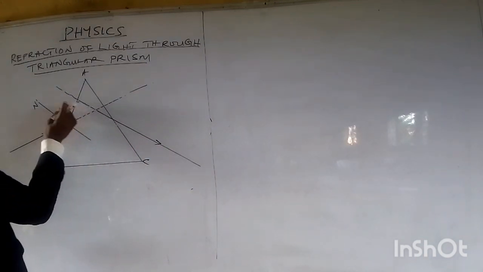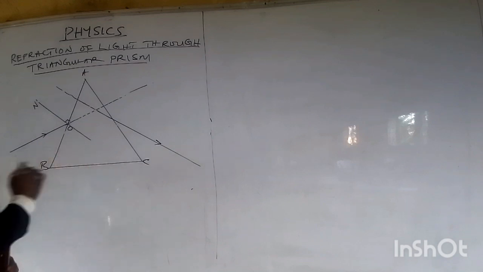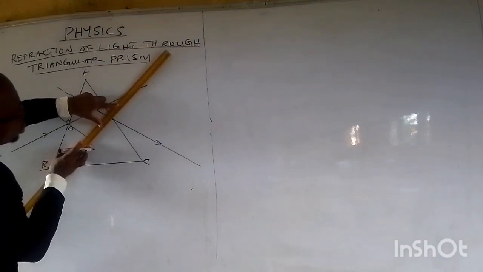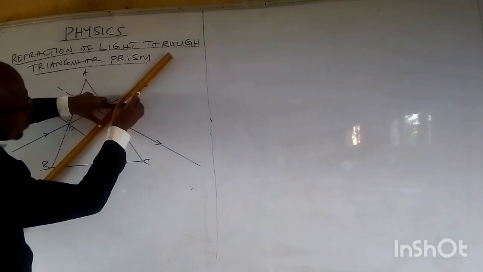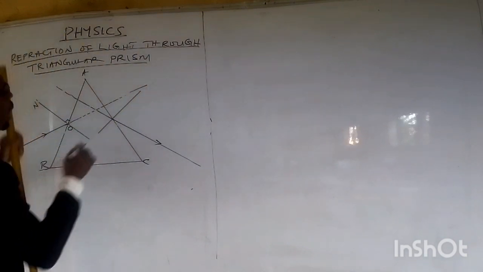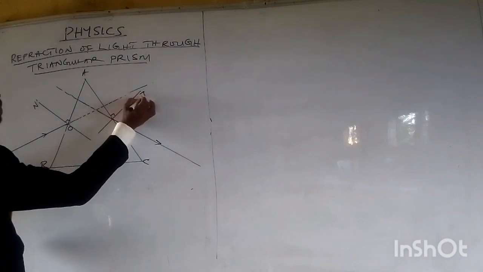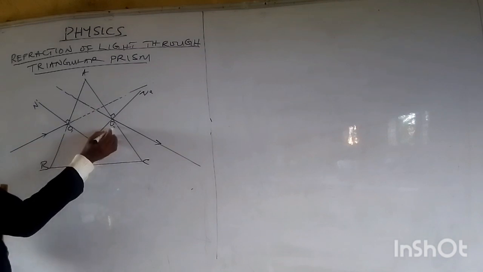Remember, this side is off. So from this face, we can now draw another normal line here, 90 degrees. We can have here N2, and we have O. If here is 1, we can have here 2.